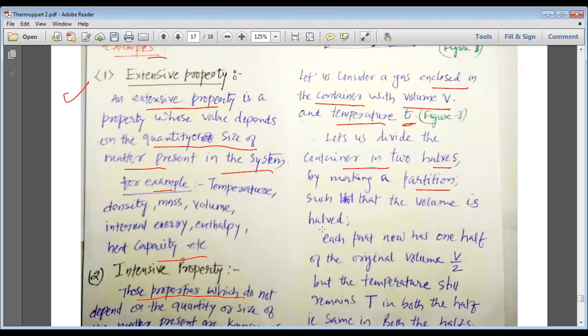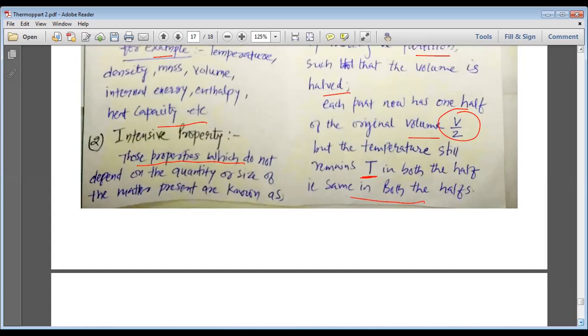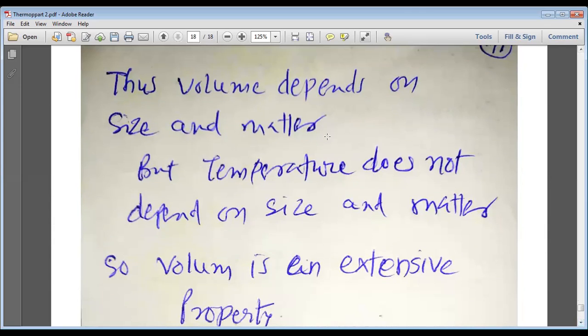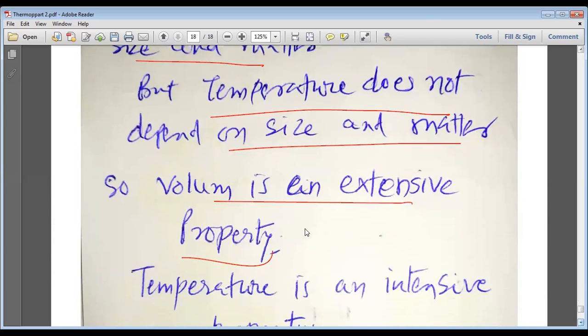So the volume has been halved. Each part now has one half of the original volume, that is V by 2, but the temperature still remains T in both halves. And that is why we can say that the volume depends on the size and matter, but the temperature does not depend on the size and matter. So volume is an extensive property, whereas temperature is an intensive property, my dear students.